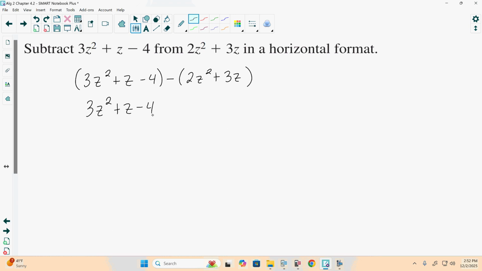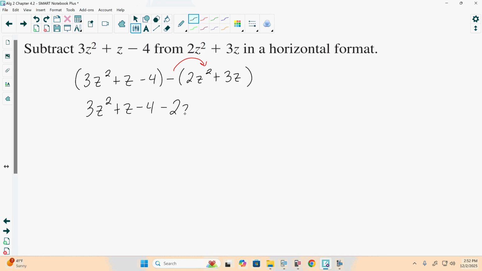So our first set of parentheses, we need to resolve those first. Since there's not a sign or a number in front of the parentheses, we can just drop them and everything inside those parentheses is going to stay the same. So we'll still have 3z squared plus z minus 4. However, the second set of parentheses, we will need to distribute that negative through both terms.